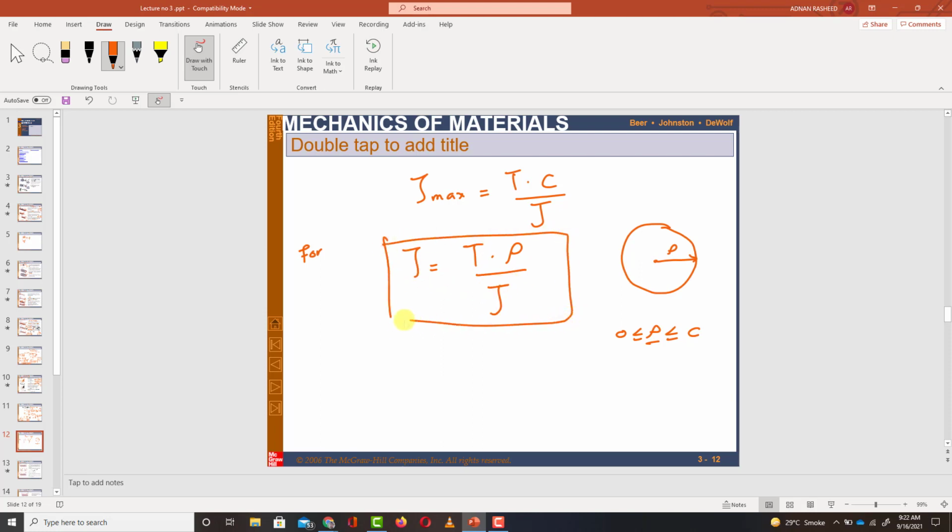So rho starts from 0 and is less than or equal to c. If you put rho equal to 0, the shear stress will be equal to 0. If you put rho equal to c in this formula, tau will be the maximum, equal to T into c divided by J. So similarly, shear stress at the center point is 0 and shear stress at the radius is maximum. If you join this, this will be the shear stress distribution in the shaft. I hope it's clear to you now.